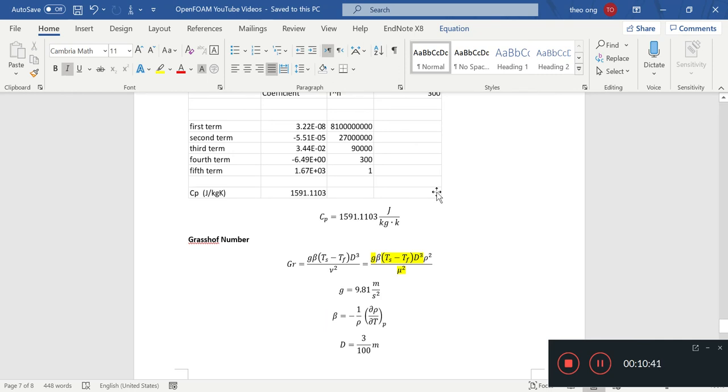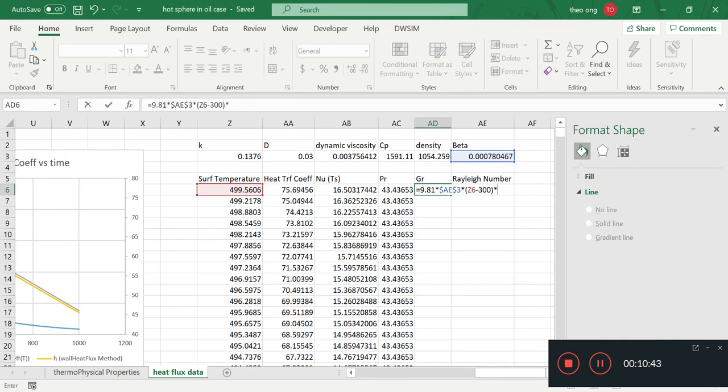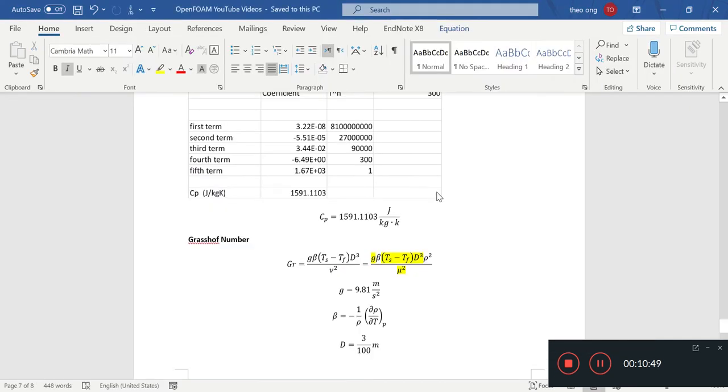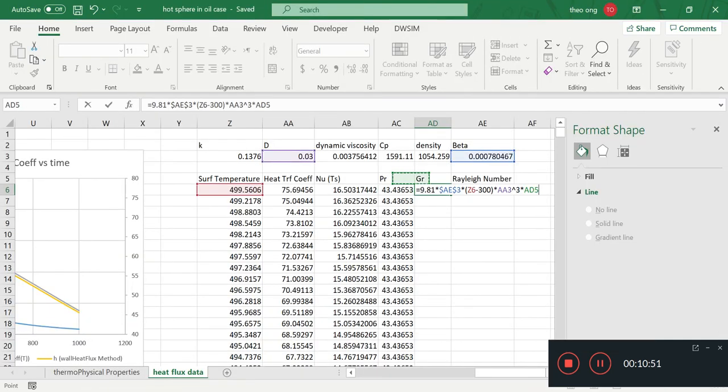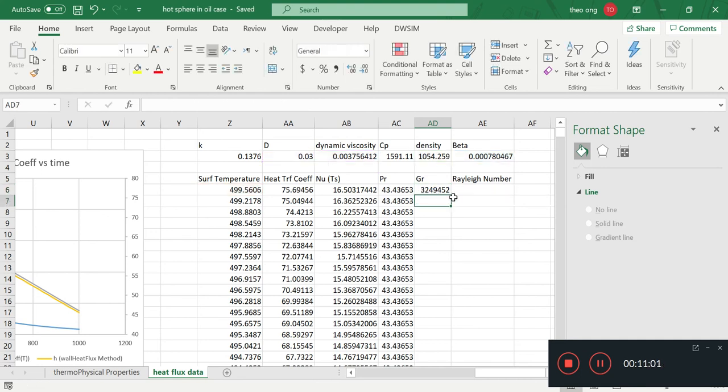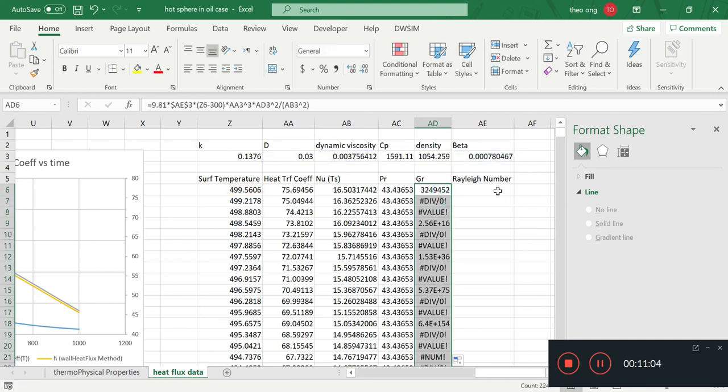Grashof number will change, times d cubed, d to the power 3, times rho squared, the density squared. Now that must be divided by viscosity squared. So dynamic viscosity squared here, we divide and we have a nice Grashof number.